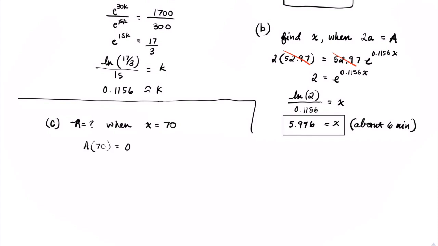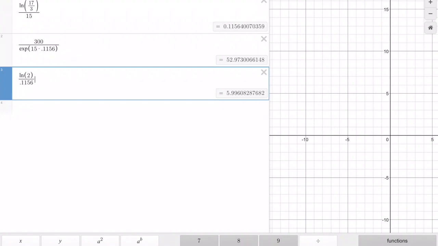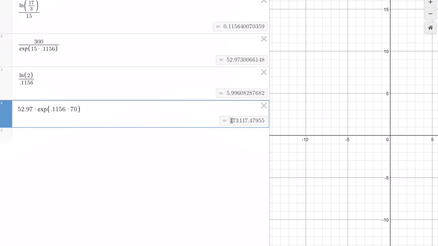We're just finding A, which would be 52.97 times e to the 0.1156 times 70. And then you could put that in the calculator, and we get 173,117.5.